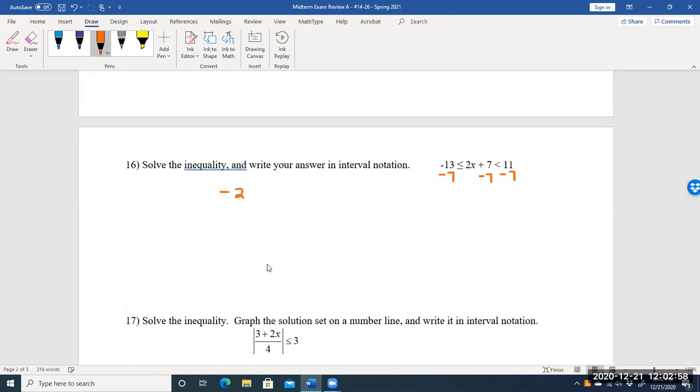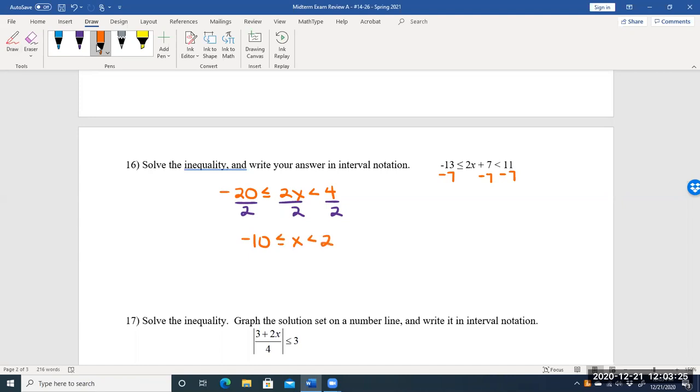So we've got negative 20 is less than or equal to 2x, which is less than 4. Then we're going to divide all three parts by 2, because again, we're trying to isolate x in the middle. And so we get negative 10 is less than or equal to x, which is less than 2.